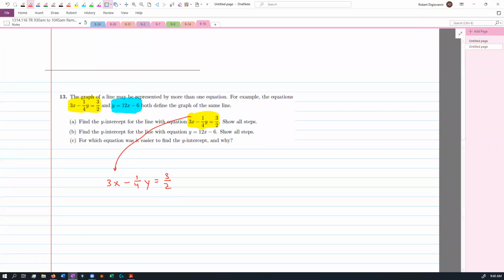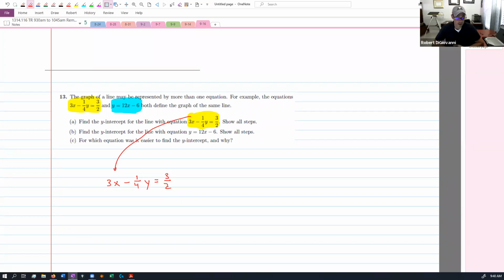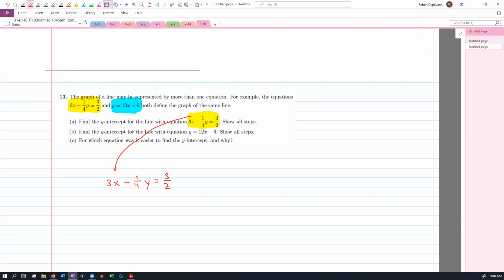Yeah. Now, I could clear the fractions also, right? I could clear these fractions out. So it's kind of up to you. Do you want to clear the fractions, or do you just want to set x equal to 0 to find the y-intercept? Totally up to you. Yeah, let's clear the fractions.